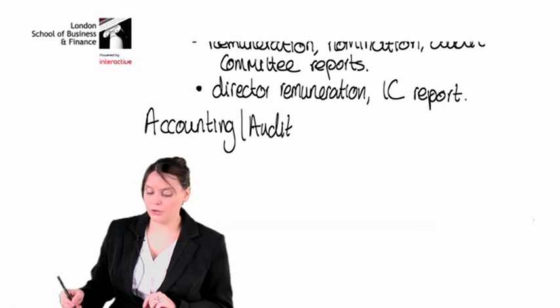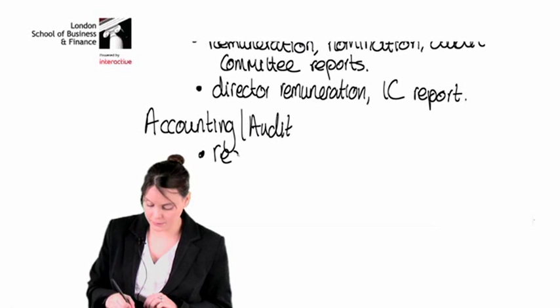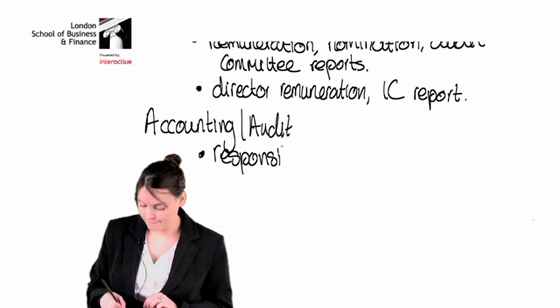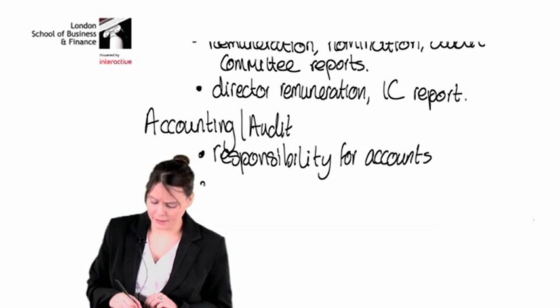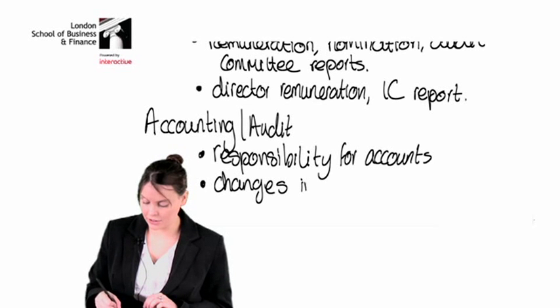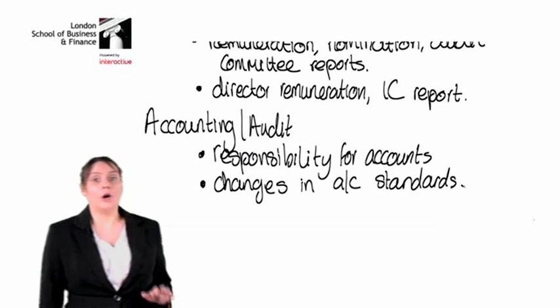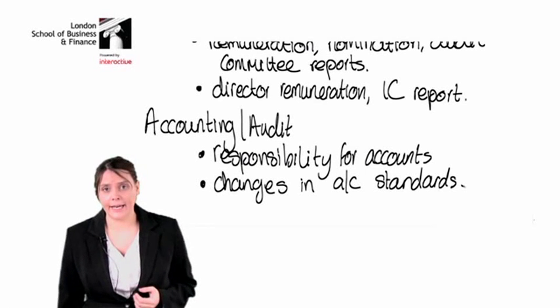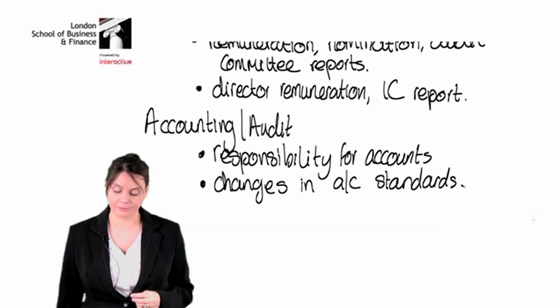So this will include information on who is responsible for our company accounts, and any information on changes in our accounting standards and how that has affected our reporting. Okay, so that's plenty on the contents of a corporate governance best practice report.